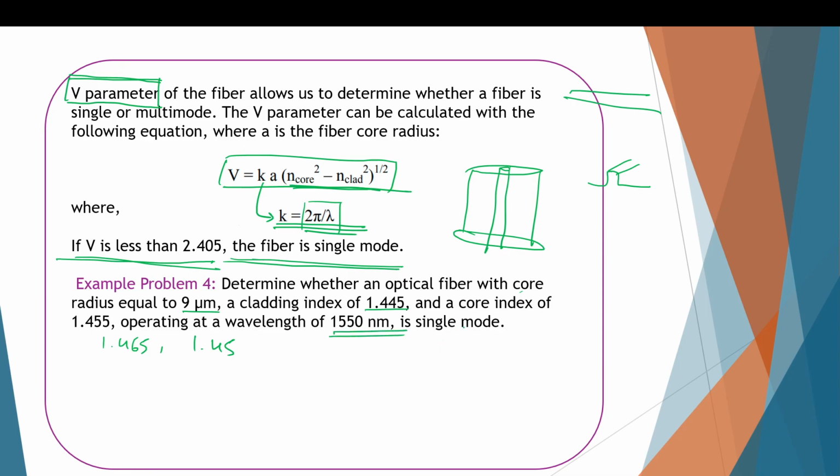We have to tell if it is single mode or not. No, sorry, they are different actually. It is 1.445 and 1.455. So it's a very slight difference, but they are different.